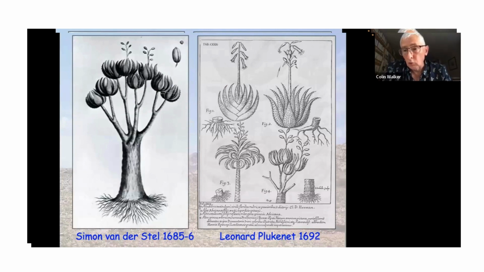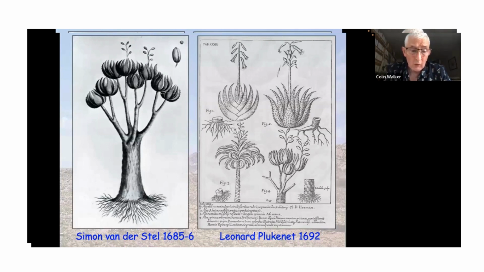There's a total mystery here because the images, the drawings, and Simon van der Stel's diary were discovered in the library at Trinity College, Dublin in 1922. So where this diary had been from 1686 to 1922, we have no idea. And Waterhouse published the diary and most of Claudius's drawings in 1932.